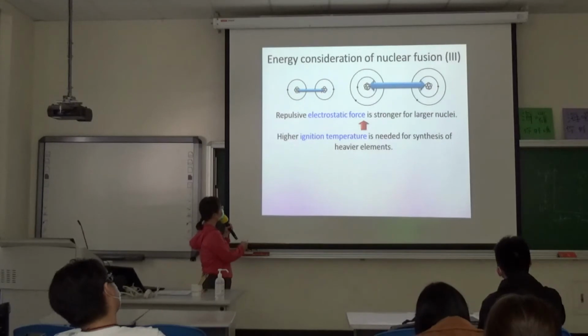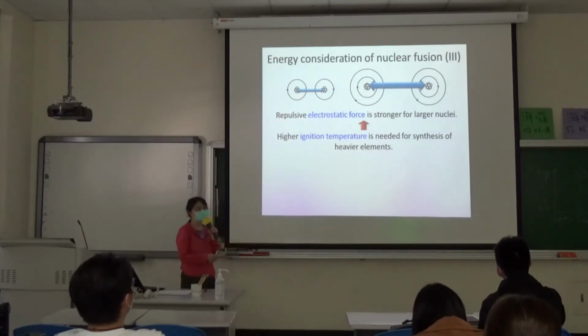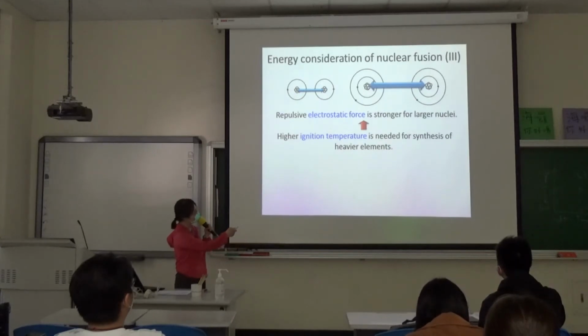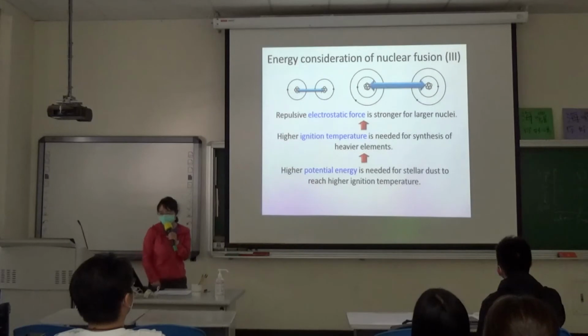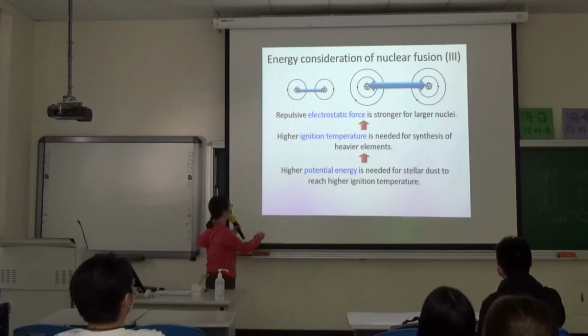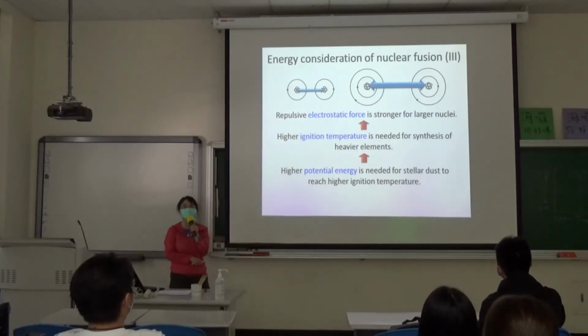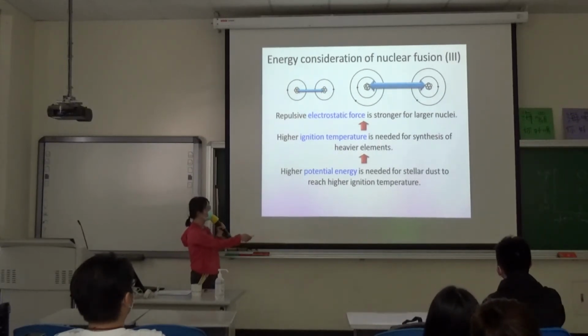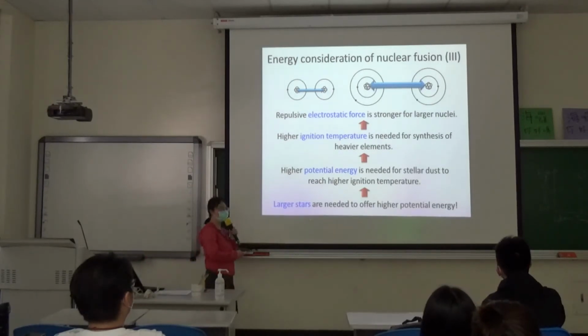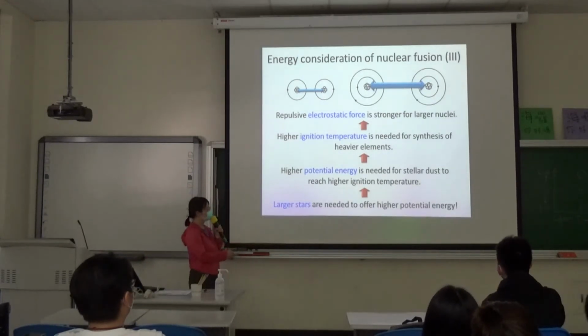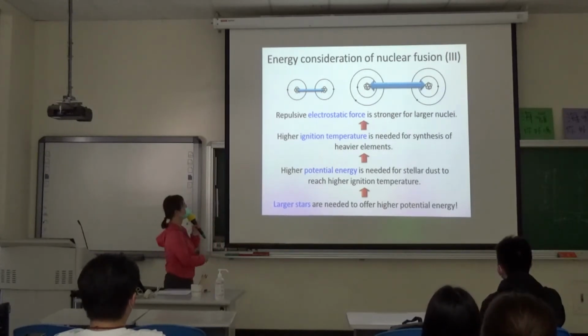So, you need higher ignition temperature, 点火温度, to synthesize heavier elements than this. And because you need higher temperature, you need more potential energy, 位能, for stellar dust to reach higher ignition temperature. Therefore, you need larger stars. That's the reason why you need larger stars, because you need higher temperature. Okay.